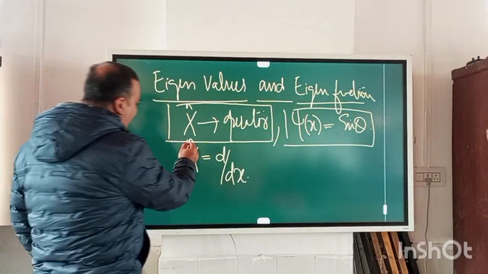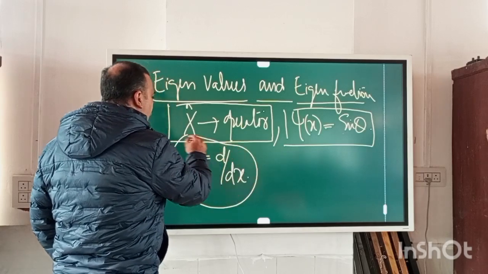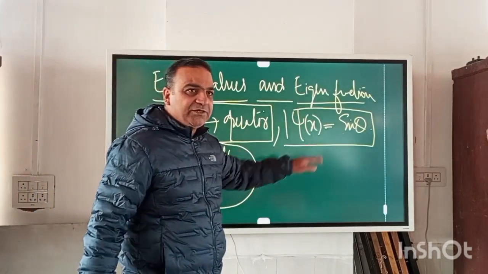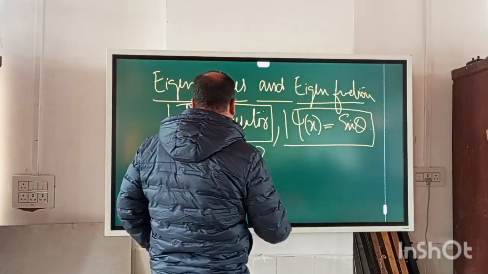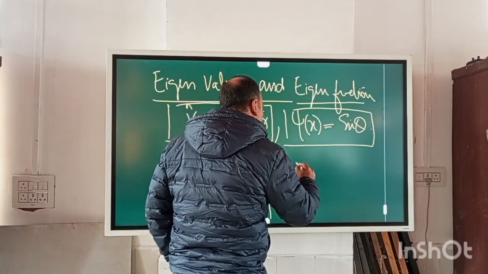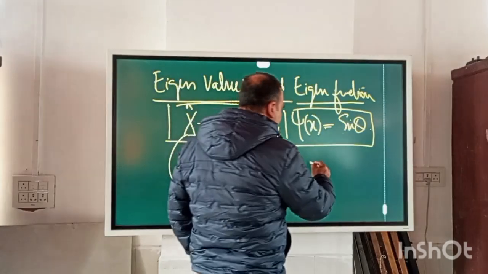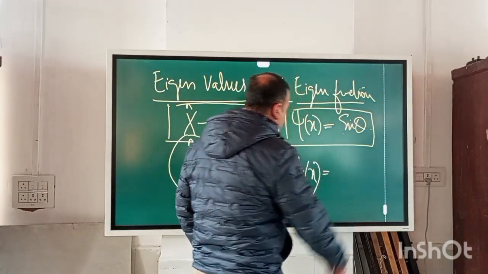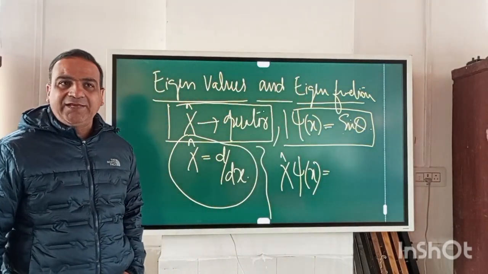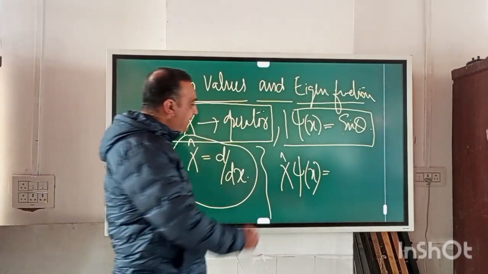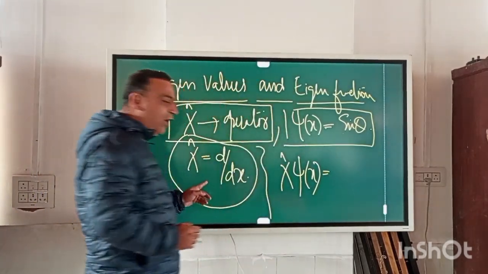Now, if I operate this operator on this function, what will I get? I will have x cap of psi of x. What will that be equal to? For x cap, what's the operator?